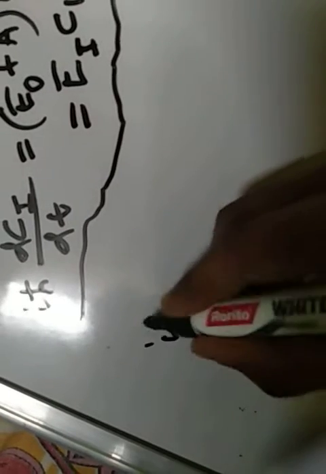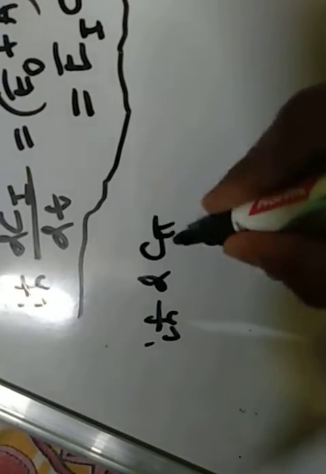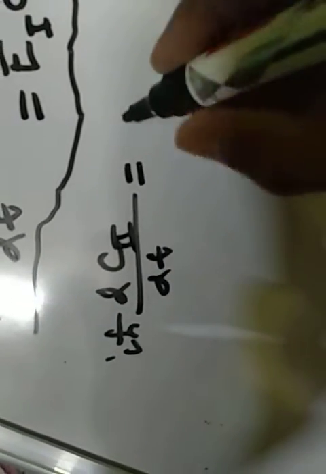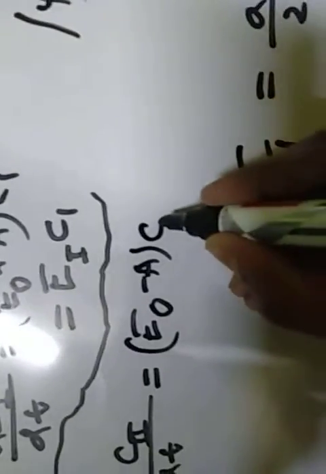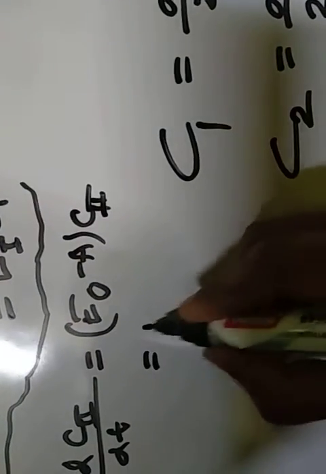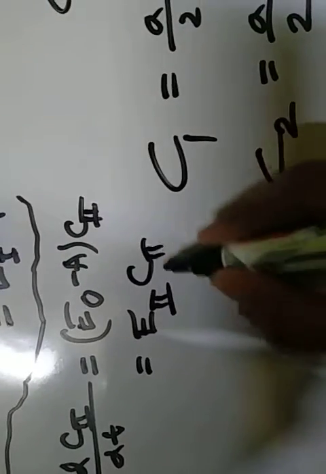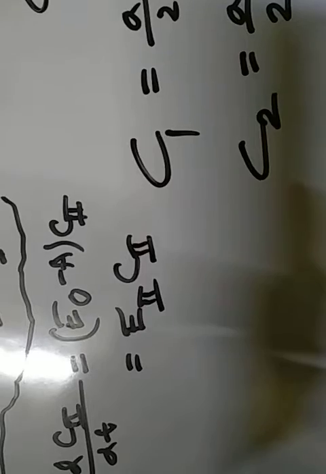In a similar manner, we have iħ dC Roman 2/dt equals E naught minus A times C Roman 2. This gives us, if we call this E Roman 2 C2, then we are almost in heaven.